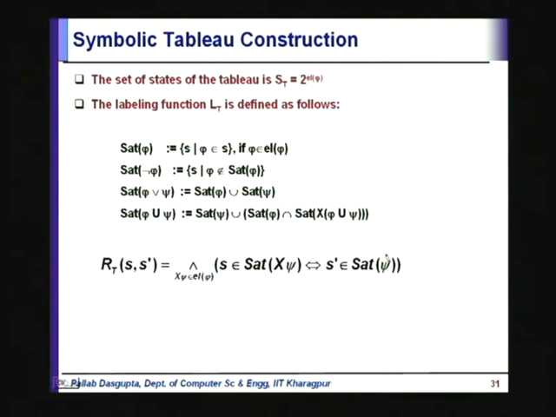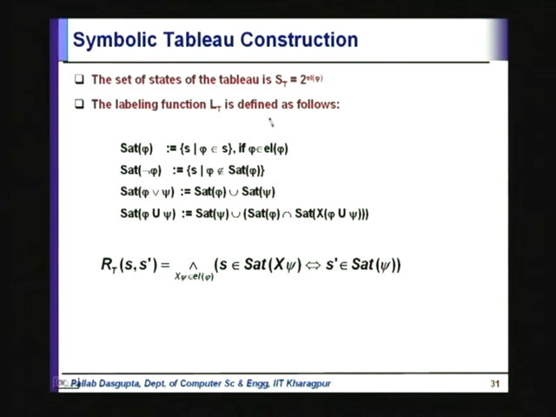So, the set of states of the tableau is St, which is 2 to the power of the elementary subformulas of var phi. So, it is the power set of the set of elementary subformulas.